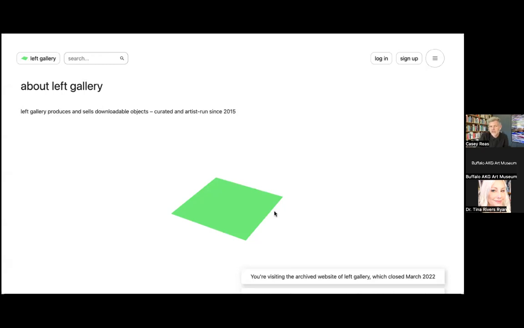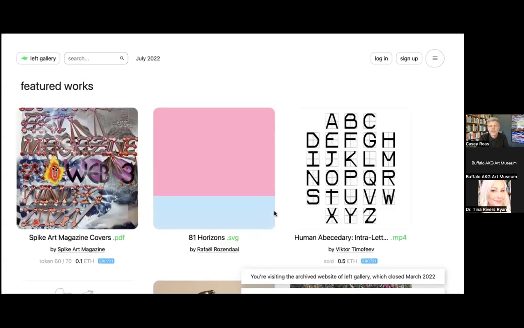The first is Left Gallery, founded by Harm van den Dorpel and Paloma Rodriguez Carrington in 2015. You can see in the lower right, if you can read that small writing, that it closed in March 2022. 2015, that's a long time ago within the framework of talking about NFTs. This is a quote from Harm about Left Gallery.